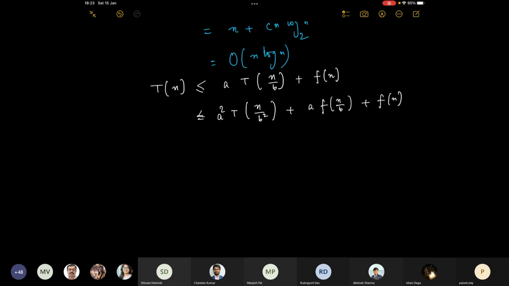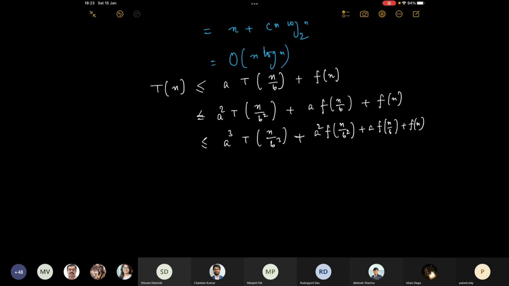Very good. Again, expand. That's all what we know. A cube T of n by b cube plus a square f of n by b square plus a f of n by b plus f of n.